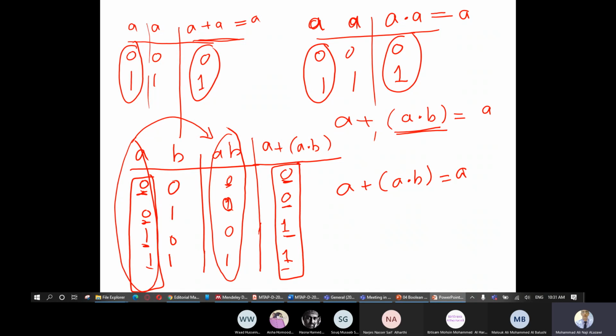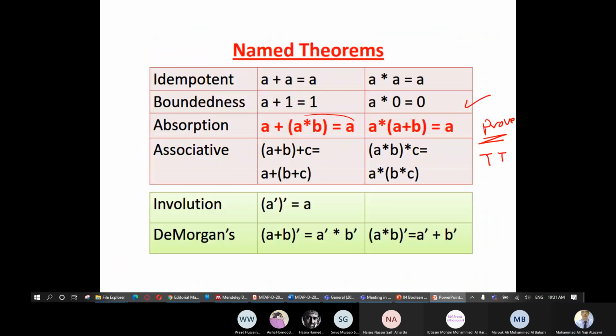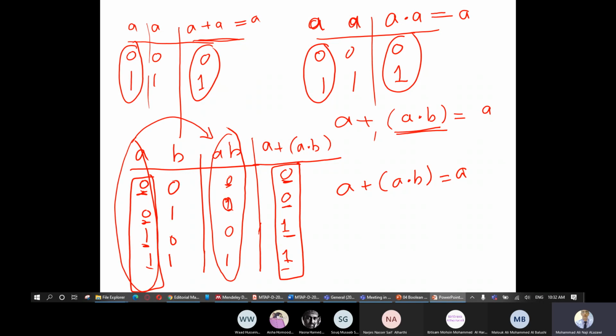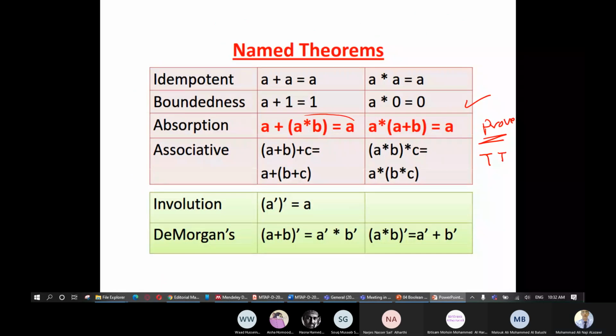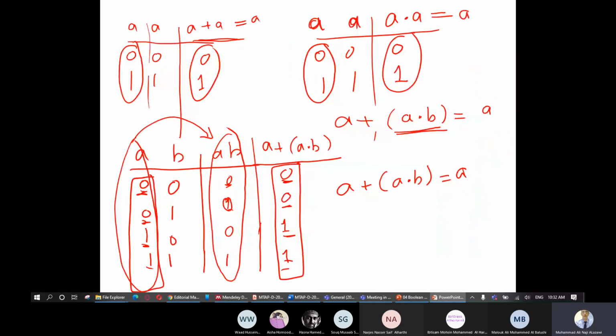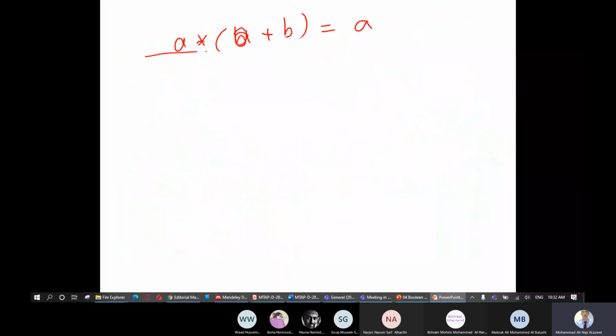Whenever A is 0, the output is 0. Now I'll give you some time to prove that A dot (A plus B) is equal to A. I want your proof now.